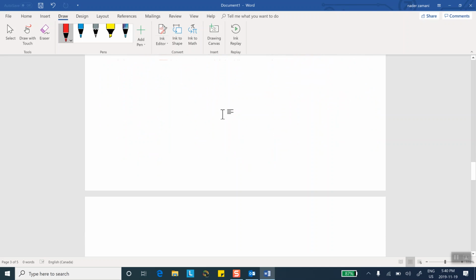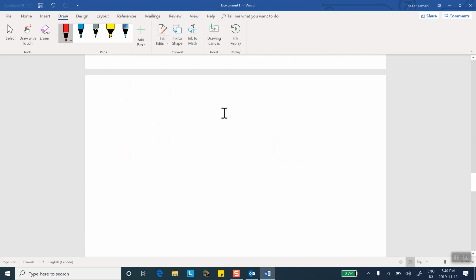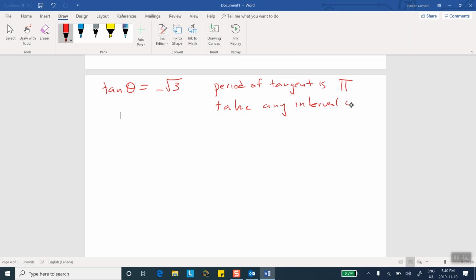So, let me do one with tangent. All right? So, tangent of theta equal to, let's say, minus root 3. That's what I wrote down. Okay? So, the period of tangent is pi. So take any interval of this length.